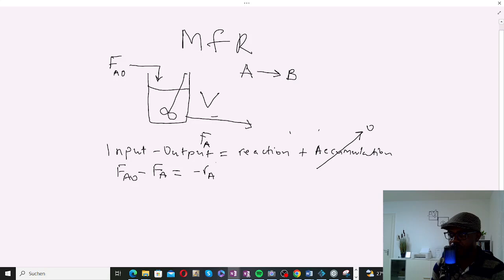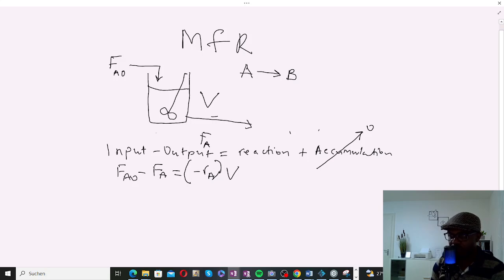So minus RA times the volume of the reactor, because the unit of this flow rate is number of moles per unit time, as in moles per minute, per hour, per second. And the unit of this is moles per volume per time. So in order to take care of the volume term, you introduce another volume. So dimensionally, this equation is correct.